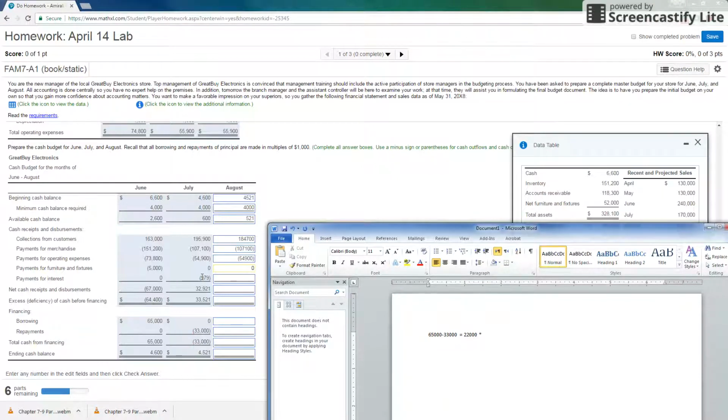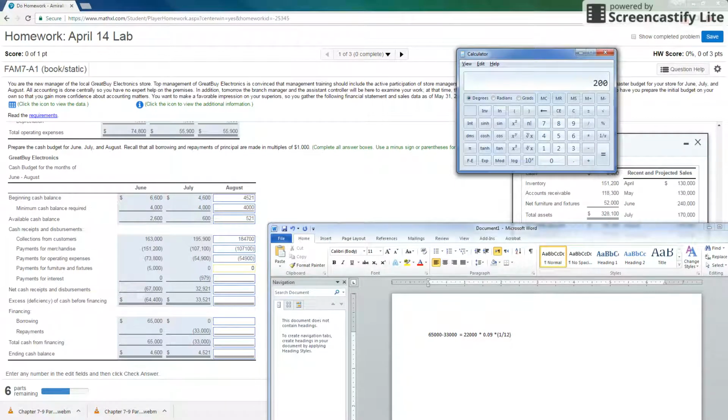And this time it's just multiplied by 9% and divided by 12 to find the interest that you have to pay this month. So 22,000 multiplied by 9% and divided by 12.